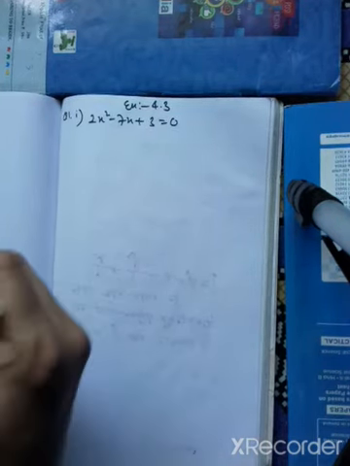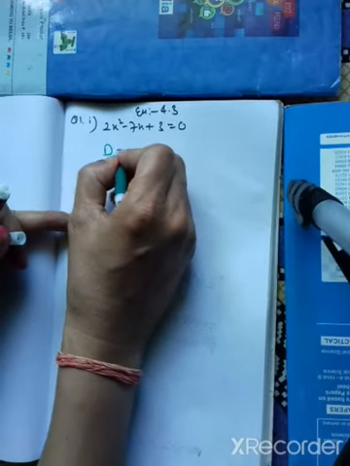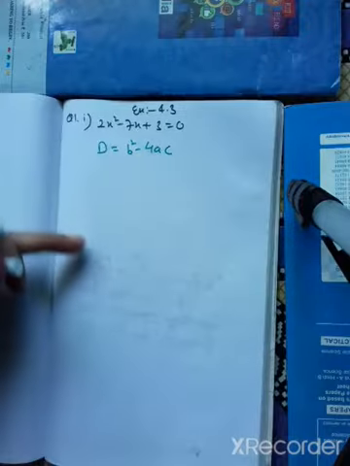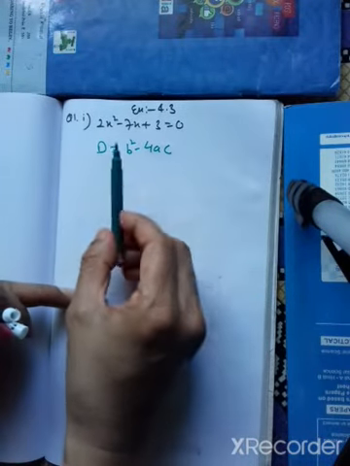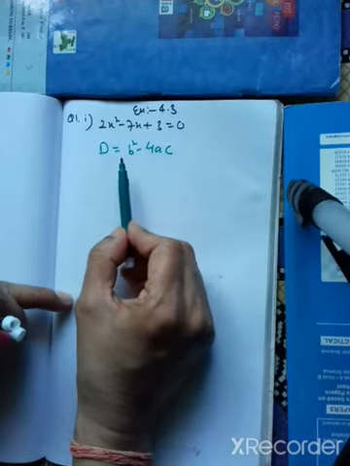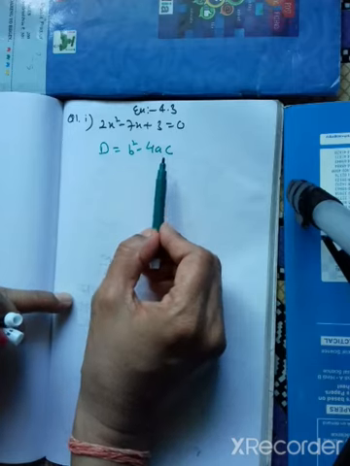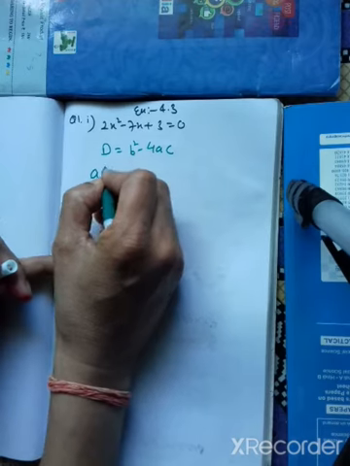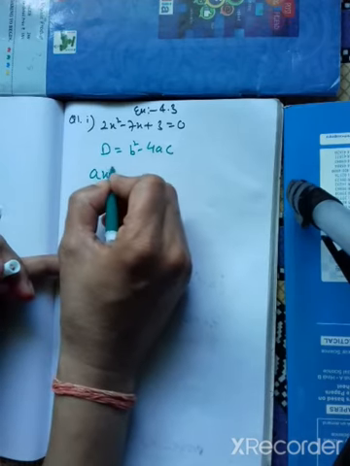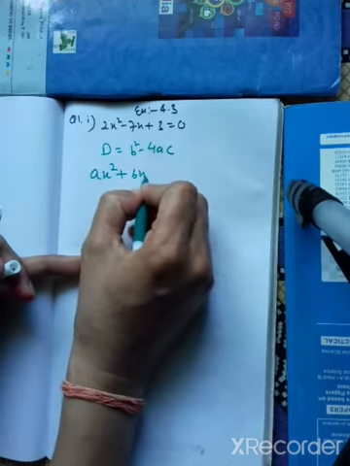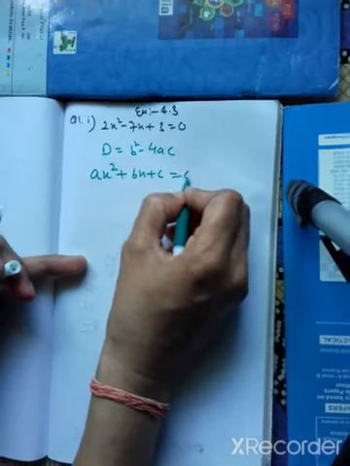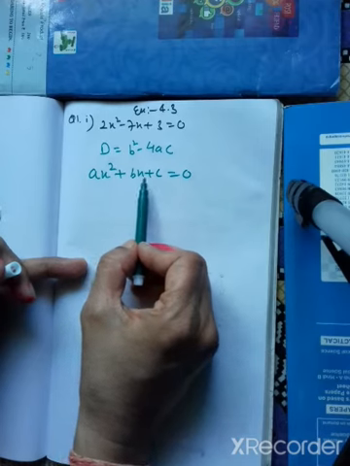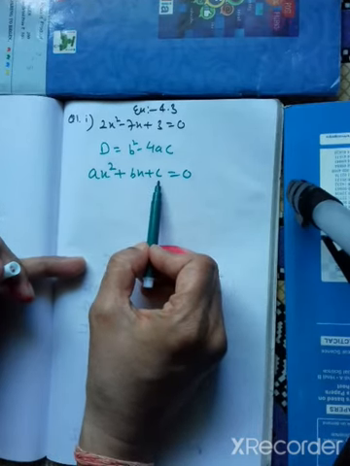As we know, our discriminant D is b square minus 4ac. I hope you can understand what a, b and c are here. As we know, the standard form of a quadratic equation is ax square plus bx plus c equals 0. So a is the coefficient of x square, b is the coefficient of x, and c is the constant term.